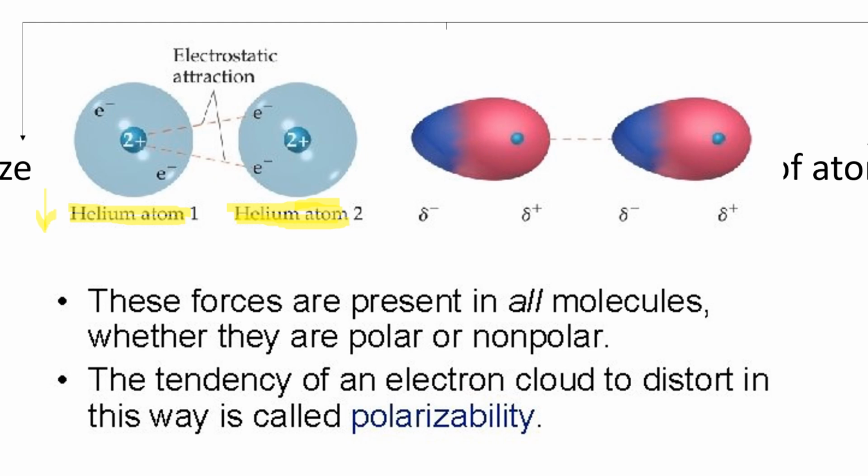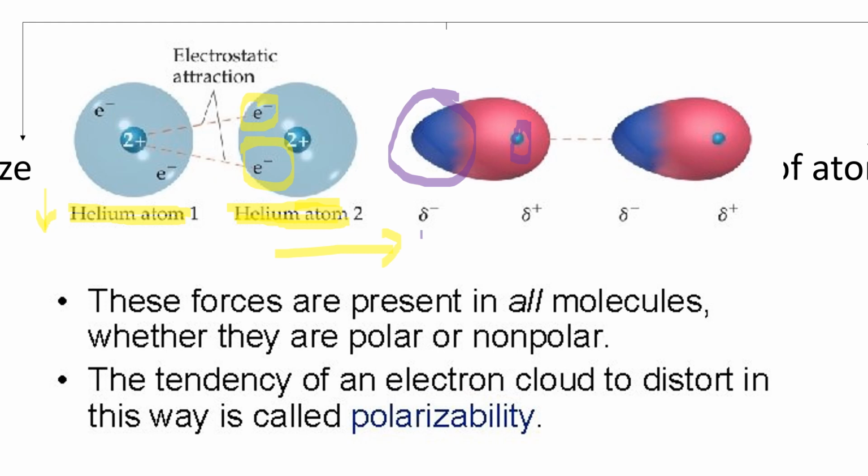Basically, polarizability is the tendency of the electron cloud to distort in this way. That means, just suppose that there are two electrons. They attract these two electrons. That is being shown here. When these two electrons are attracted towards the nucleus, these electrons are repelled.